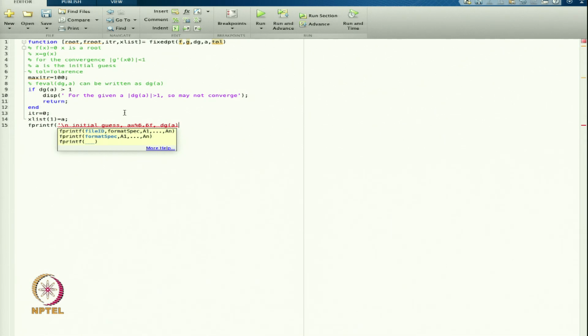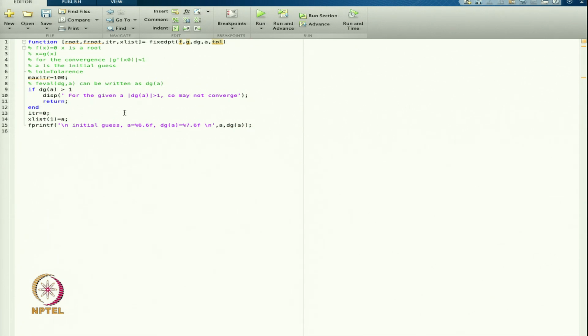So, that is also the same, equal to percent 7.6f. Then after this the new line. So, I will write this, and then I will pass the value of a and dg at a. So, this value will be represented here.